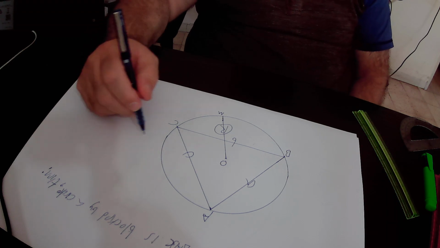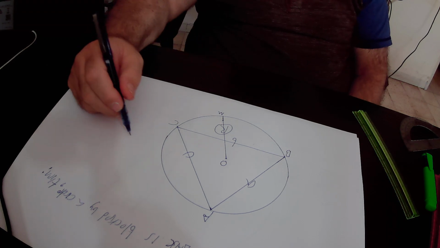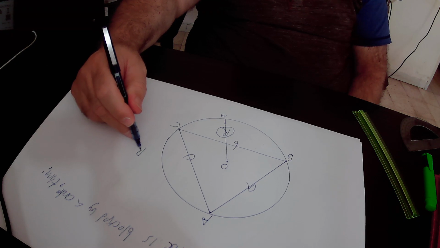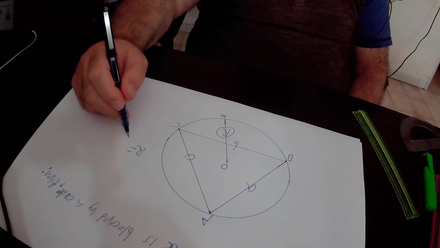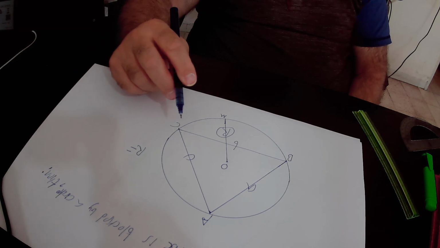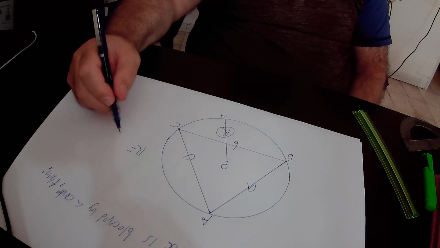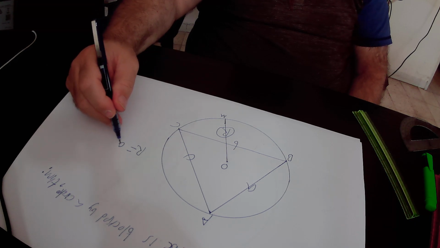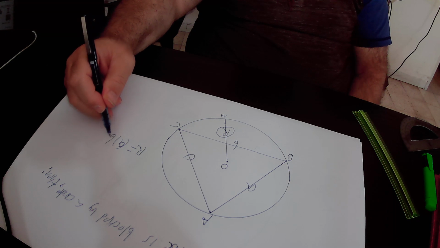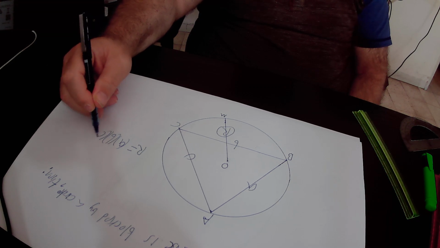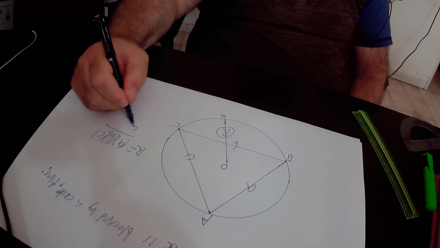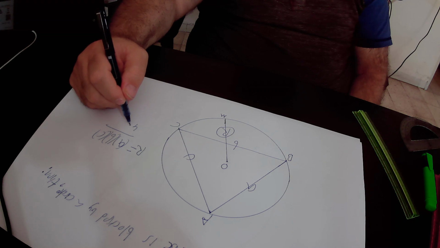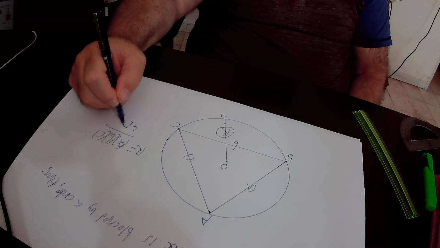We define the radius of this circle as capital R, and it will be equal to the multiplication of the side lengths of the triangle by each other, that is to say, A times B times C over 4 times the area of this triangle ABC.